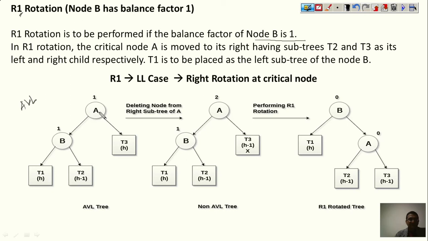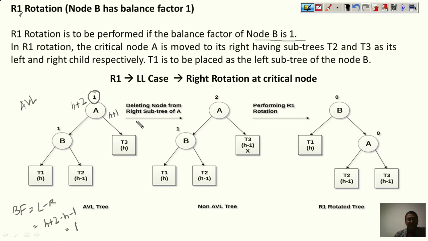The height of this node is found from the maximum number of edges, the maximum path from the root to the leaf, so the height for this node will be h plus 2, and this one is h plus 1. If I find the balancing factor, L minus R, it is h plus 2 minus h plus 1, which is 1. So this is balanced here.